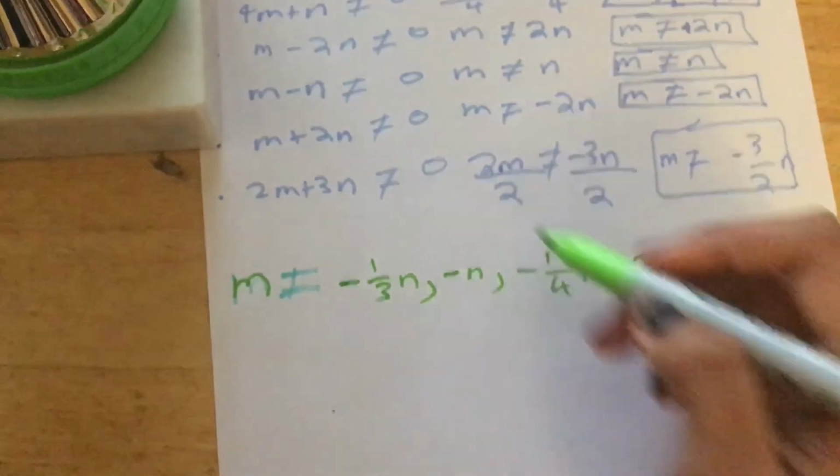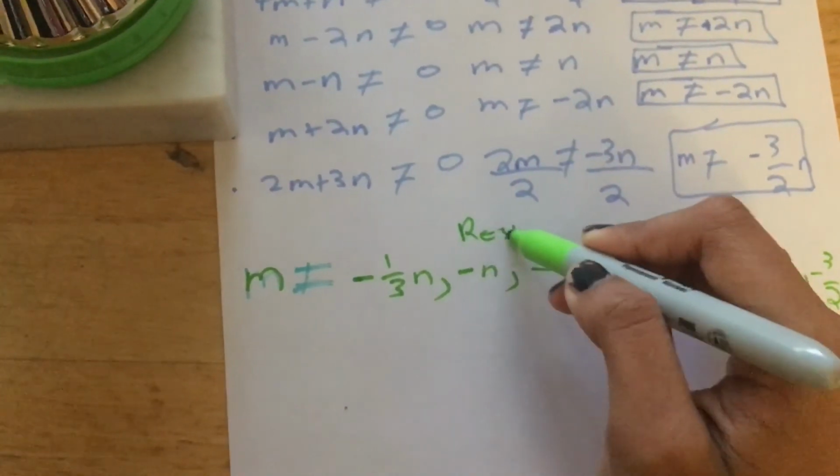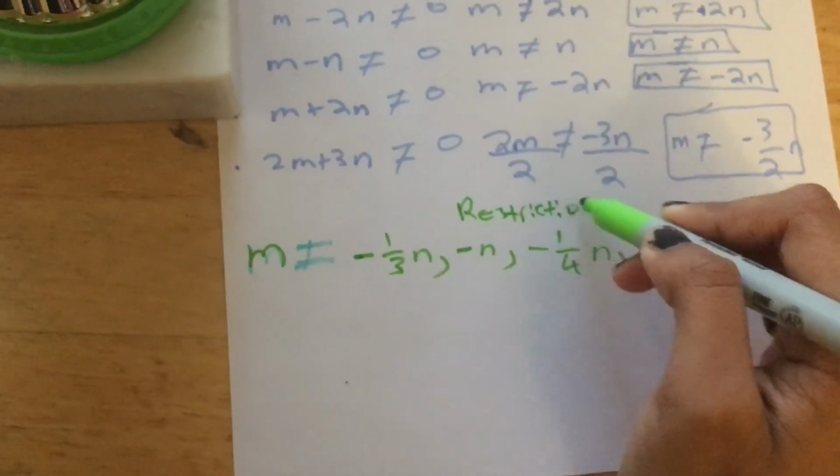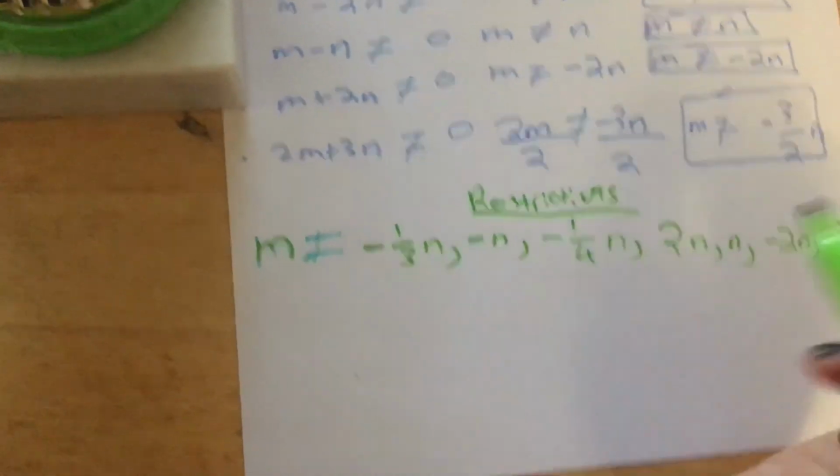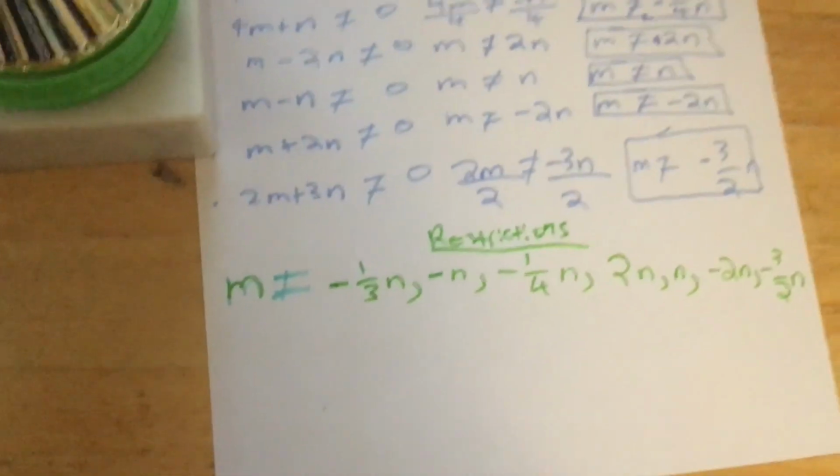So these are all the restrictions for this certain division problem. So there's your answer.